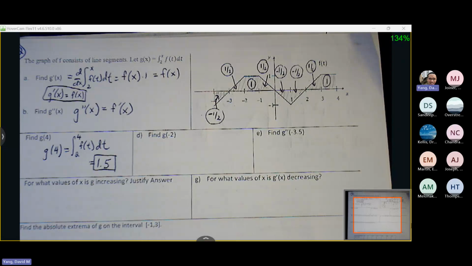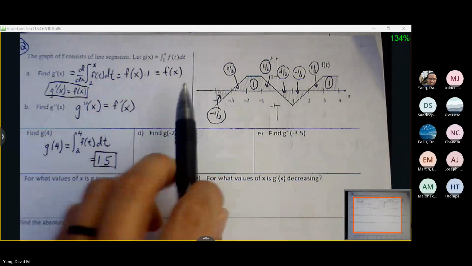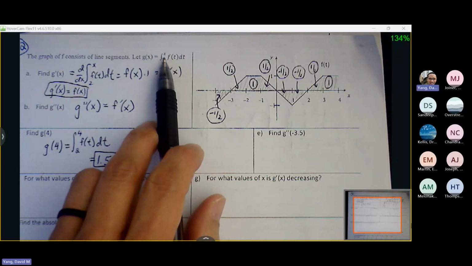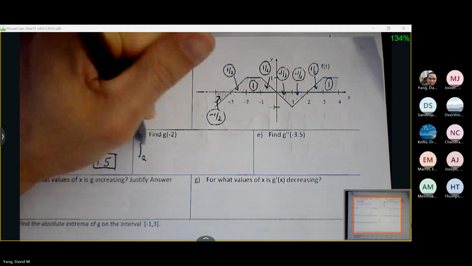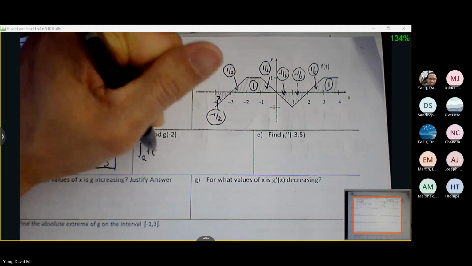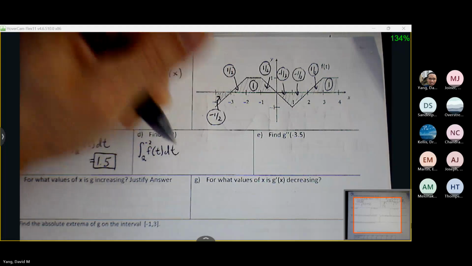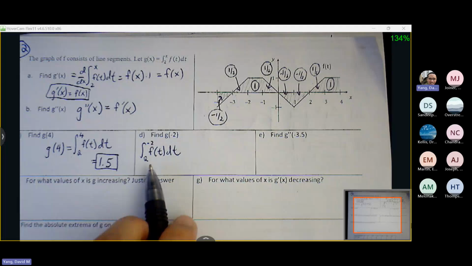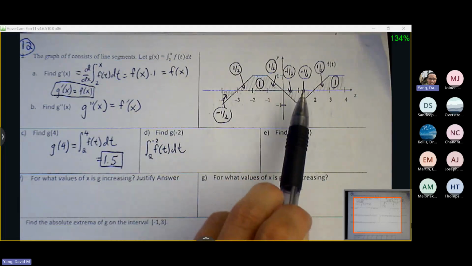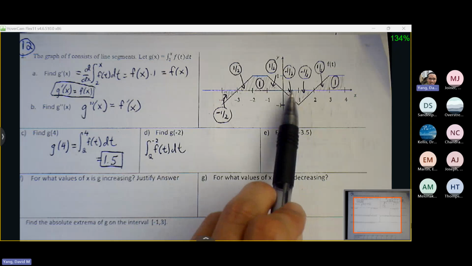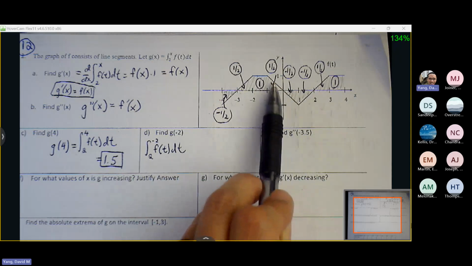Find g of -2. Follow what the rule tells you. And if you look, we're going from 2 to -2. We're going backwards here. Now, if you're comfortable with just adding or changing all these numbers in your head to the opposite sign, then that's fine.